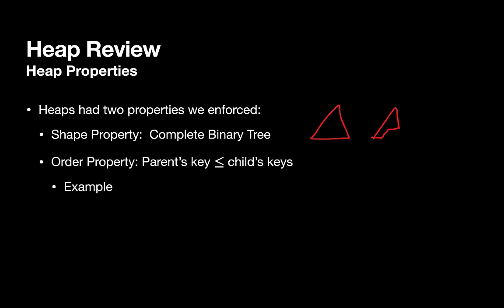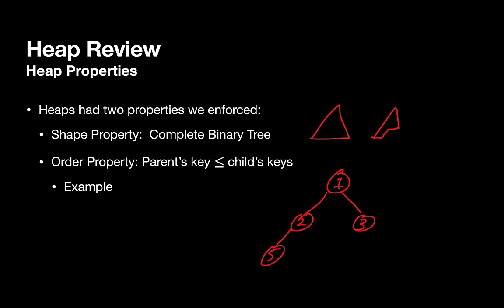Okay, so just as an example, we can draw a quick example of a valid heap. So I'm going to fill in some values here. So imagine we've got 1 at the very top, 3 to its right, 2 to its left, and 5 to its left.